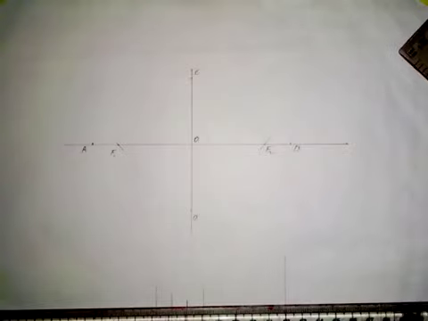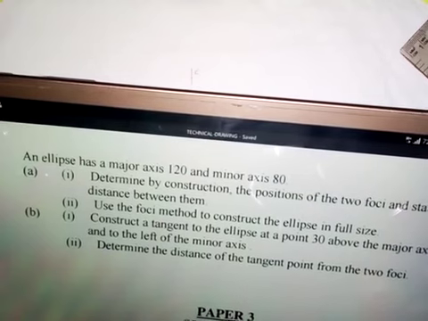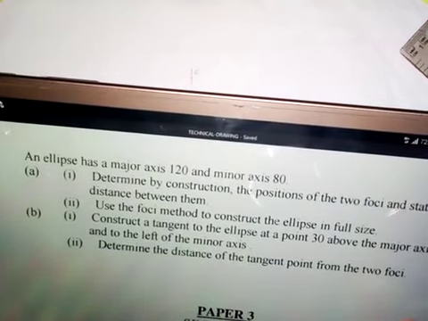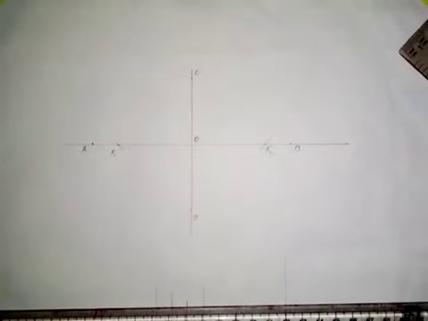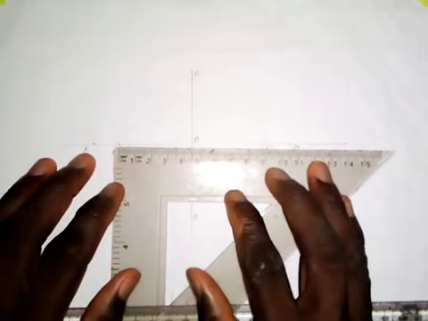Let's see the question for us to know what we are to do before we continue. We are to determine by construction the position of the two foci and state the distance between them. All I need to do now is to take the measurement between F1 and F2.